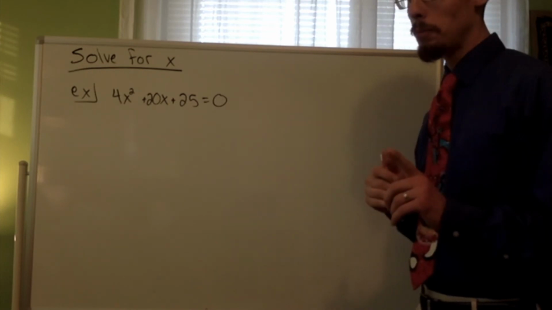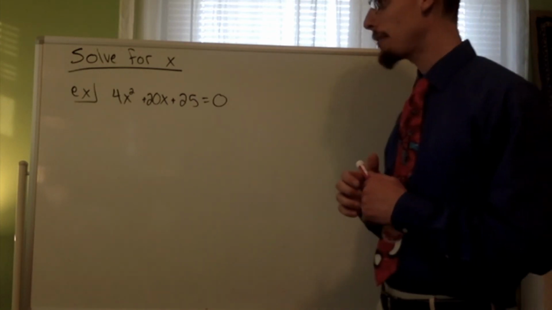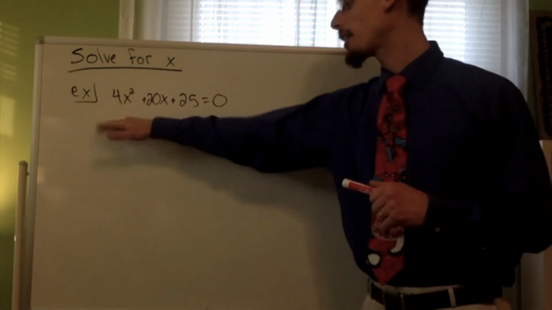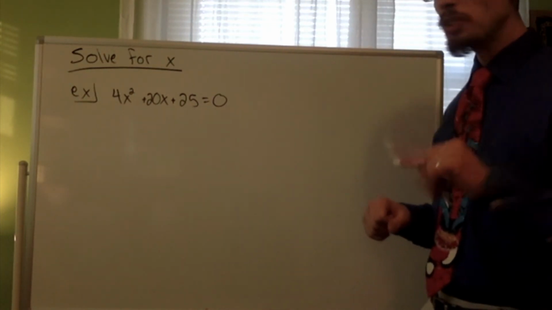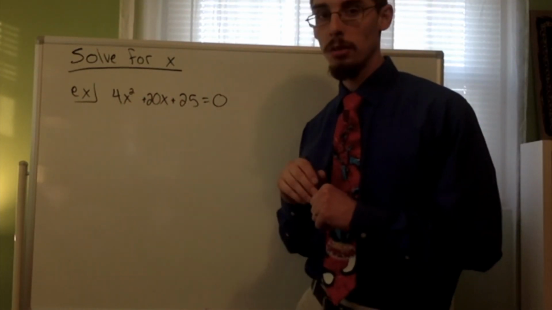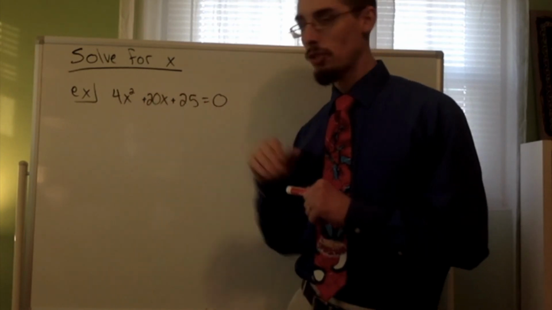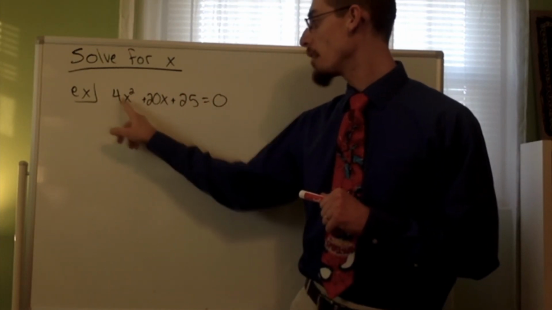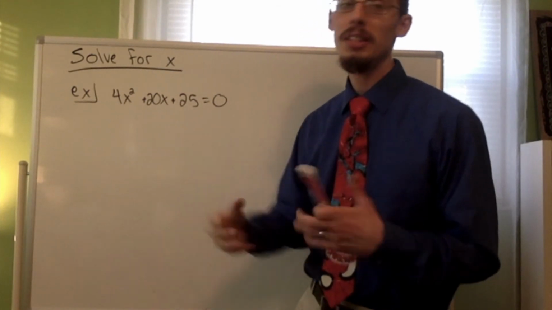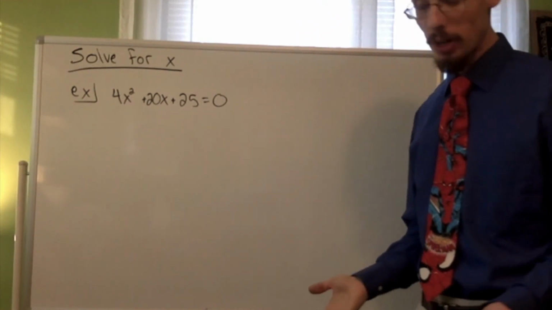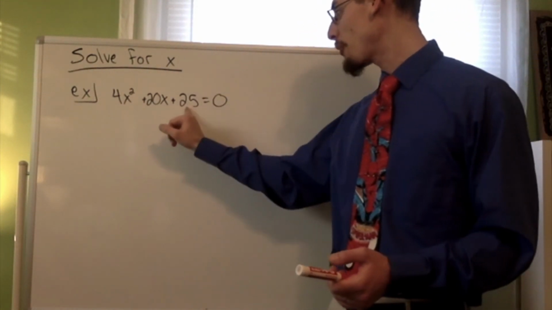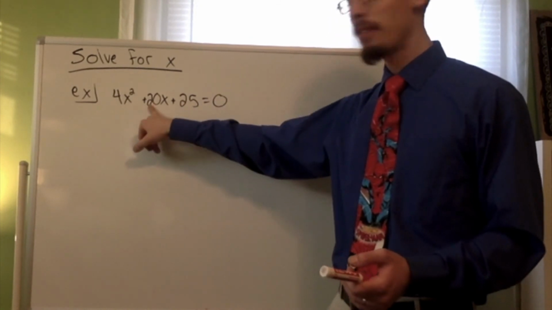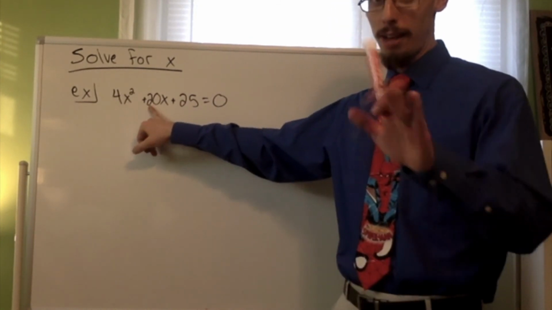So if you recall, the first thing I have to do in order to factor something like this, and remember what's messing us up here is this 4, right? 4x squared. So the 4 in front of the x squared means I have to do something a little different, right? It's not like I'm trying to find numbers that multiply to 25 and add to 20.